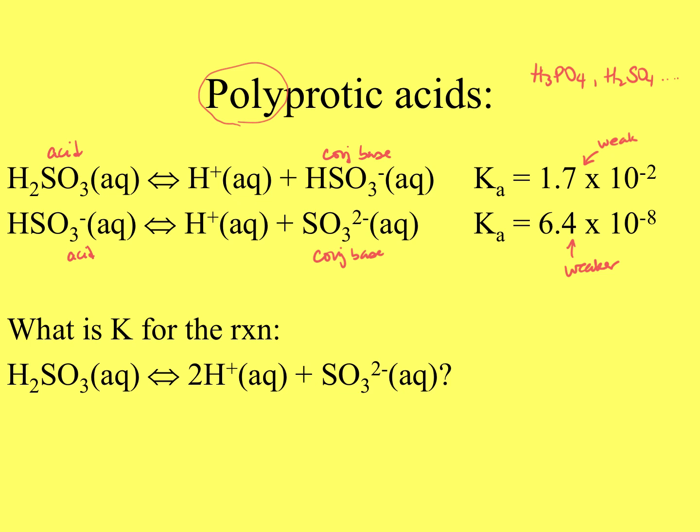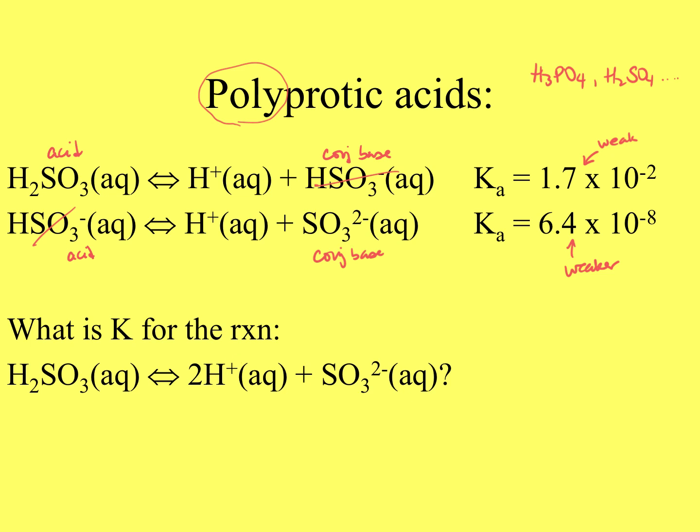Now, to determine what K is for the overall reaction, this is when you cancel out the HSO3 negative on both sides, and you end up adding the H pluses to give you two H pluses.